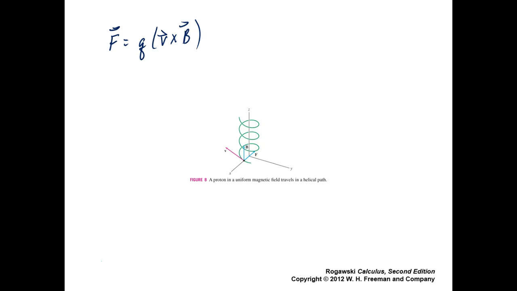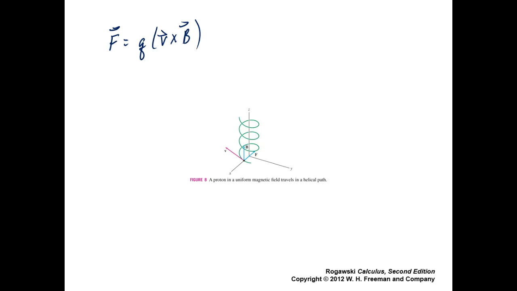Okay, and that's the force in newtons. Let's go back and read the problem. The force F on a proton, positive charge, moving at a velocity v meters per second with a uniform magnetic field B in Tesla, which is capital T. Now, the parameter capital T means temperature. The unit capital T means Tesla.